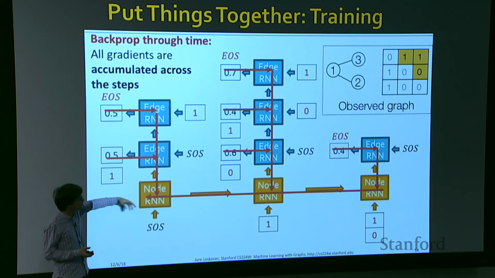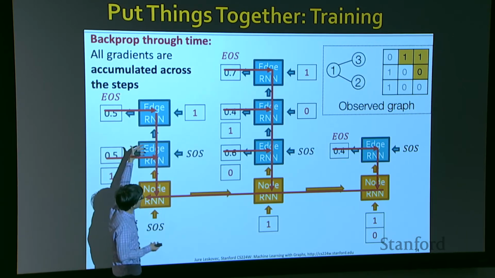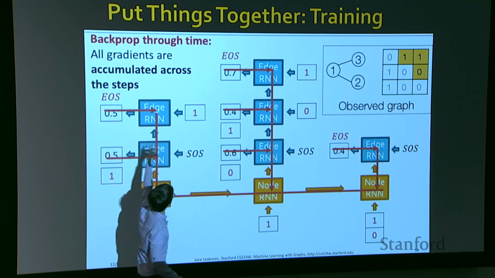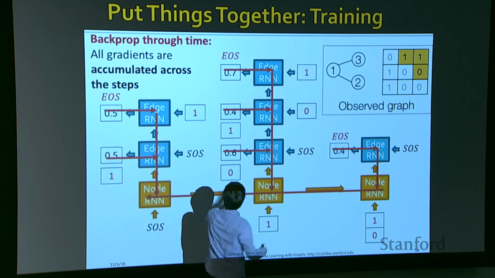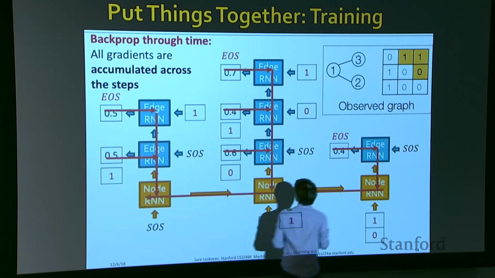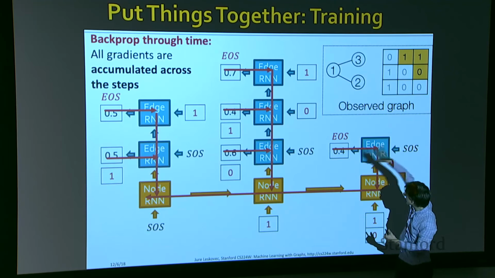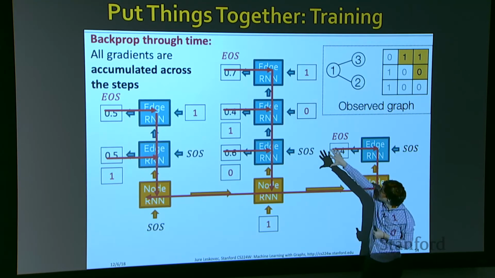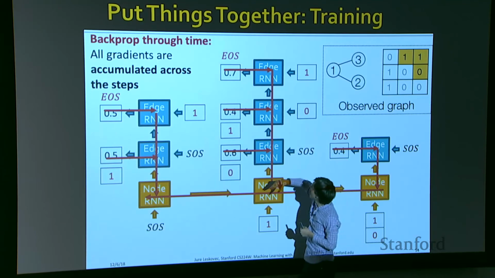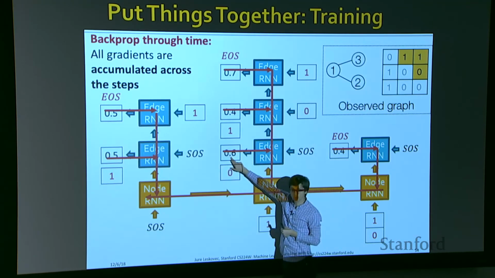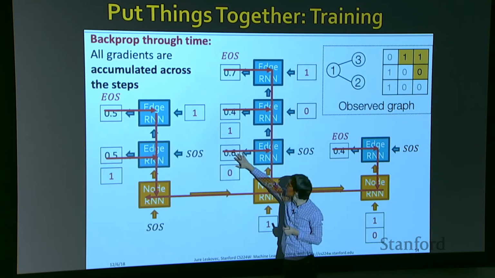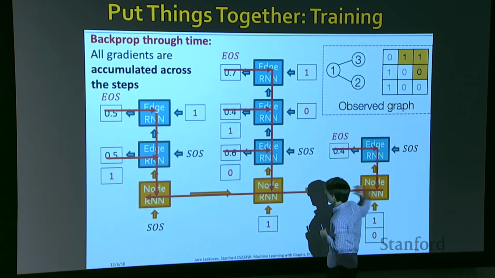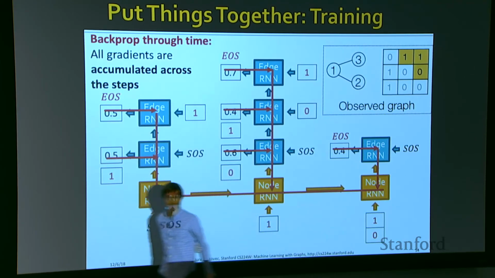So you see that for every different graph, we will have a different sequence at the bottom and a different sequence at the top, and this is how backpropagation works. How the differences between the inputs and the outputs of the model are propagated through for the parameters to be updated.